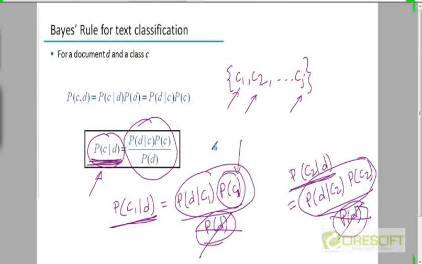Recall that we have a training phase where for every class we are provided with a set of training examples, right? Typical, representative examples of documents for each of the J classes. So let's say we look at 3 different documents for class C1 in the training phase.